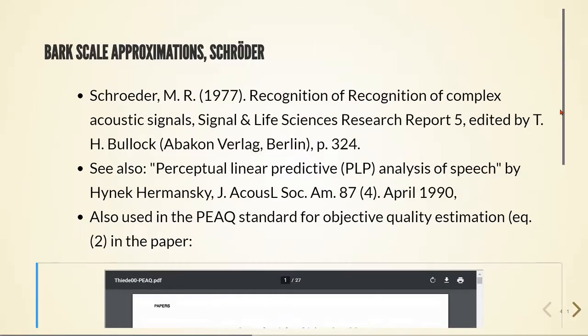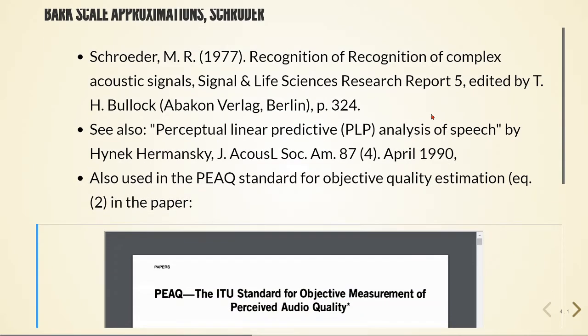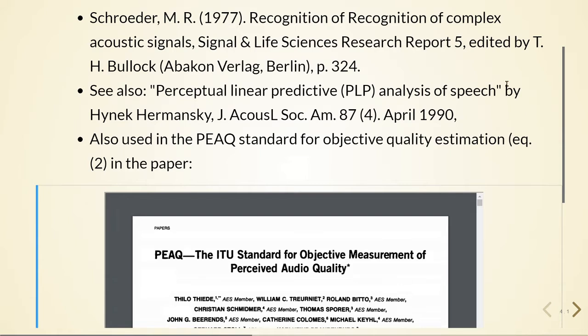The last approximation we are going to talk about is the Schroeder approximation that is from the late 70s, and it was presented in Recognition of Complex Acoustic Signals from the Life Science Research report. You can also see something about this in Perceptual Linear Predictive Analysis of Speech from the 90s. And it's also used in the PEAQ standard for objective quality estimation.